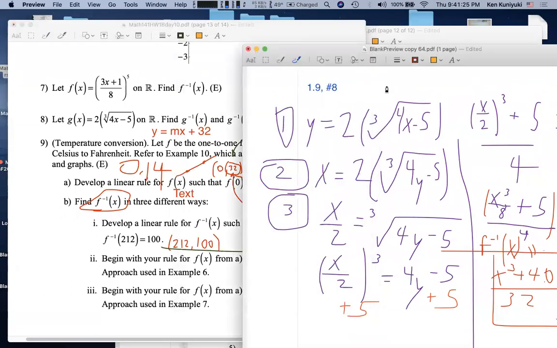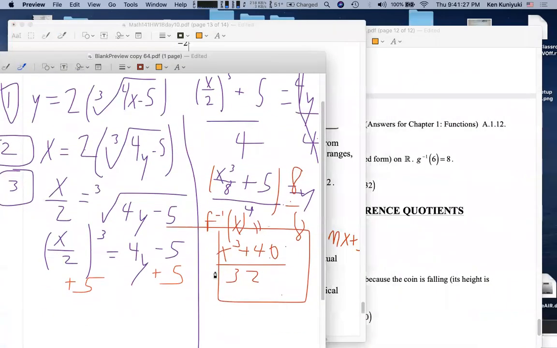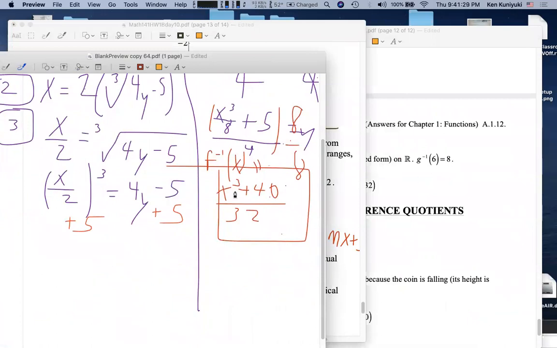Yeah, you plug in 6. So 6 cubed is what? 216 plus 40 is 256 over 32. Yes. 256 over 32. That sounds familiar. It's 8. Yeah, it's 8. You plug 6 into here.